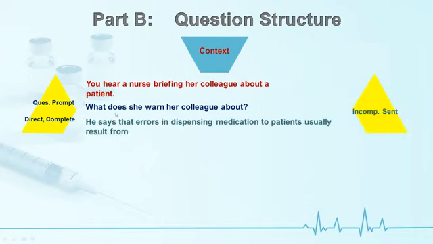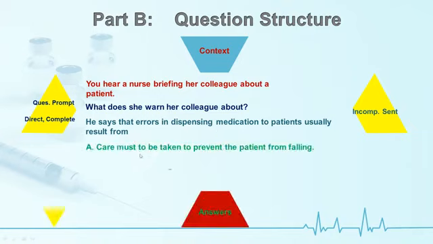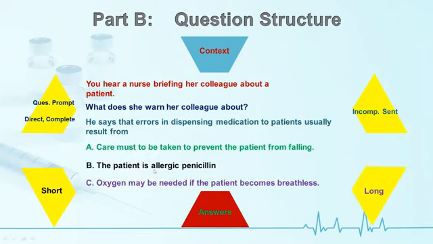After that, this is the question prompt. In this case, it's a complete question, so it's a direct or complete question prompt with a question mark. While in this example, it's an incomplete sentence without a question mark. Regarding the answers, they could be short or long. Okay.